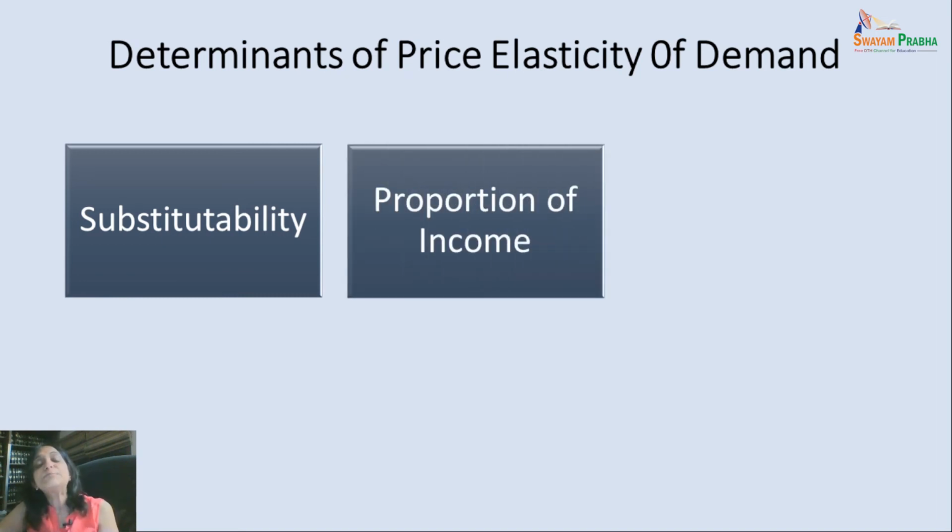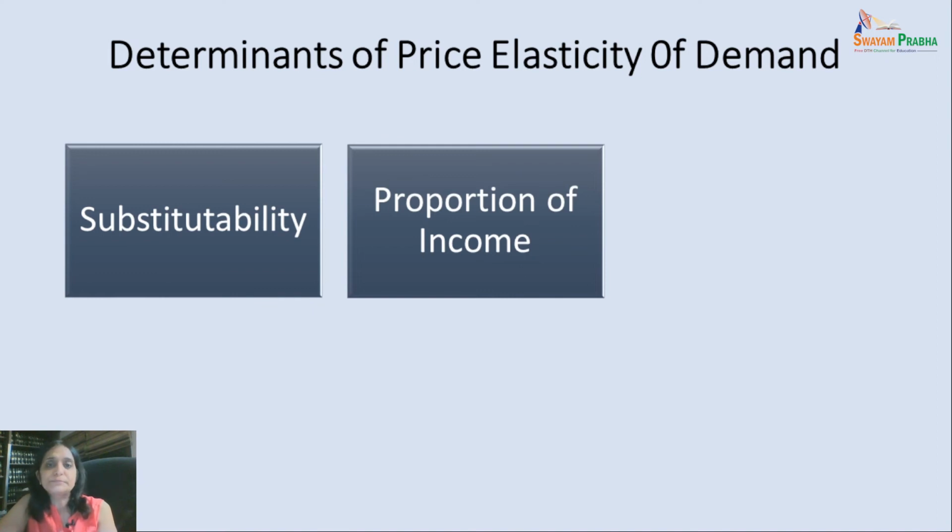Second is the proportion of income spent on that particular product. If you are spending a large portion of your income on a particular product or service, you will be very conscious about a change in price.